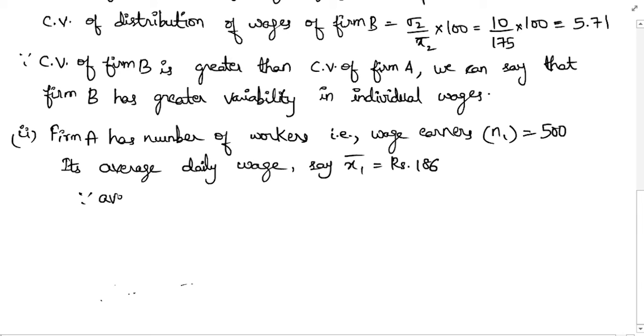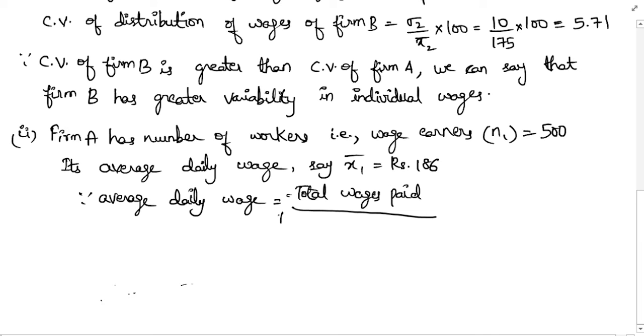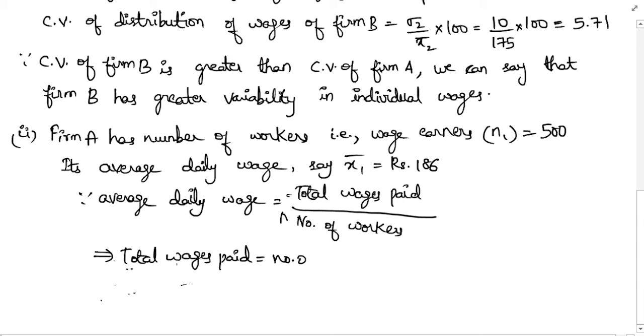Since average daily wage is equal to total wages paid divided by number of workers, that implies total wages paid is equal to number of workers into average daily wage.